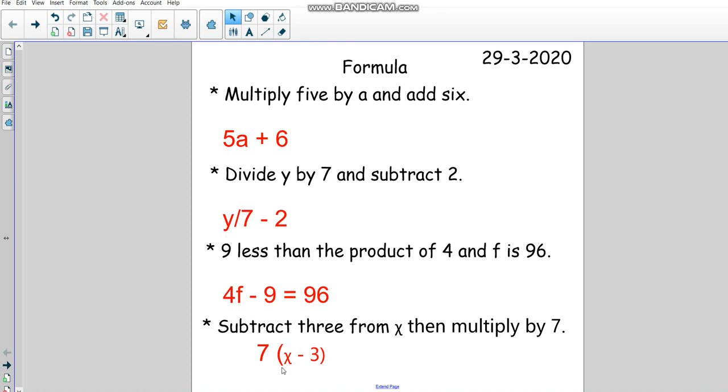Yes, of course. You are multiplying the 7 by the whole bracket, by the answer of the operation inside your bracket. And wait for more examples.